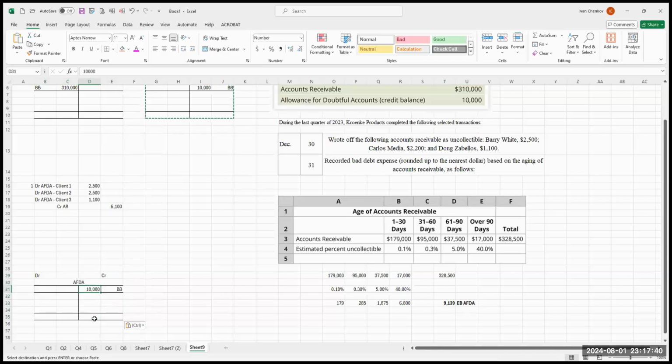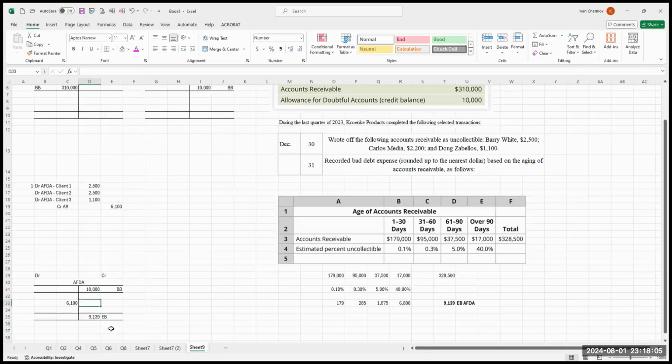So first, we're starting with $10,000. Then we plug in allowance for doubtful accounts, all those three accounts. So 6,100, we plug it here. Our ending balance now, target ending balance, should be equal to 9,139. The question is, how can we bring this account there?